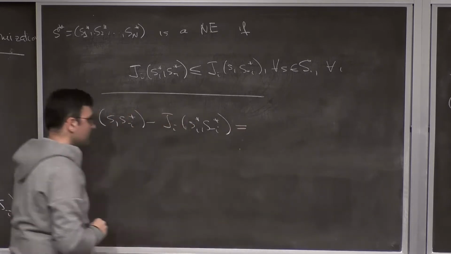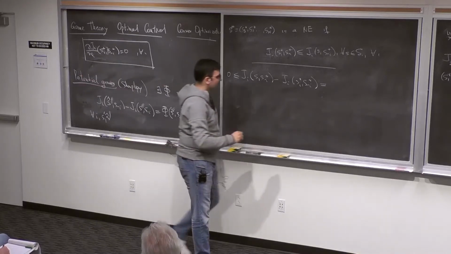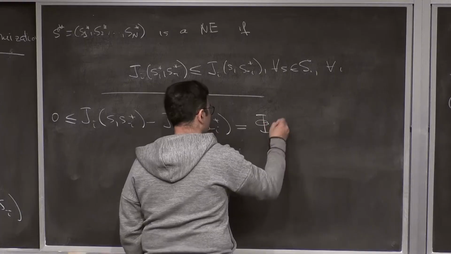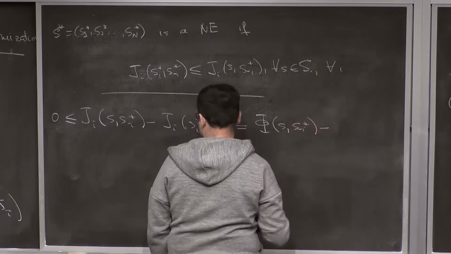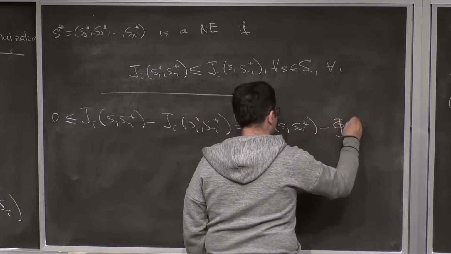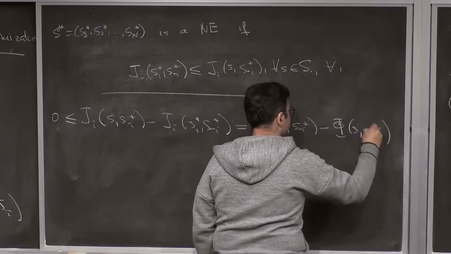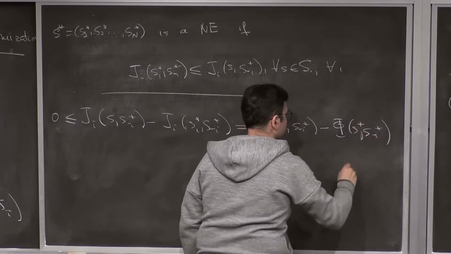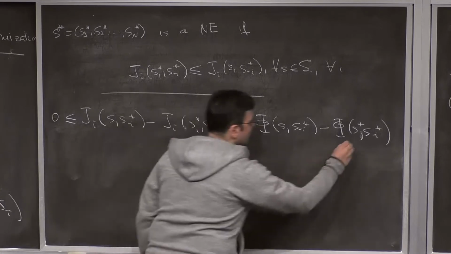And now let's use the function phi and write this as a difference of the values of phi. So phi(S_i prime, S minus i) minus phi(S_i, S minus i).